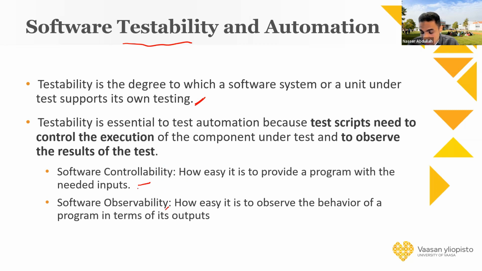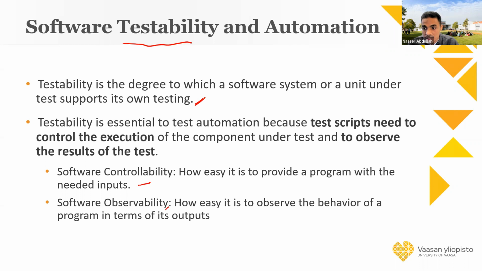The first one is software controllability. Software controllability is how easy it is to provide the program with the needed inputs.